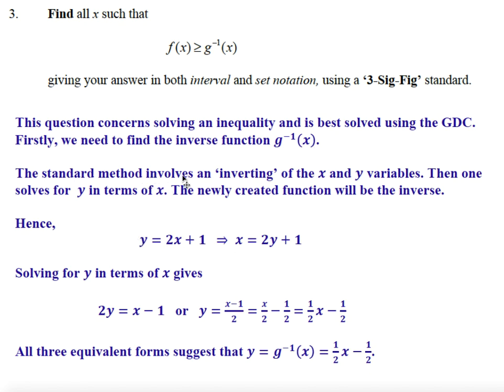So the standard method, if you will, involves inverting, right, hence inversion or inverse function, the x and y variables, then solve for y in terms of x again. So that newly created function, that'll be our inverse. So here we are with the given g of x function.